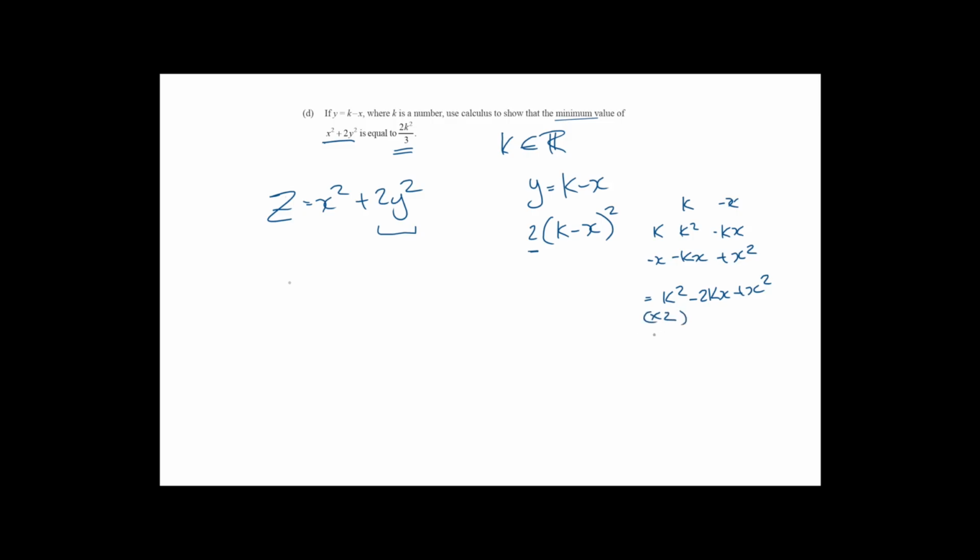Multiply this whole thing by 2. So we've got 2k squared minus 4kx plus 2x squared. So that's this bit here. I did that solely just to get rid of the y.